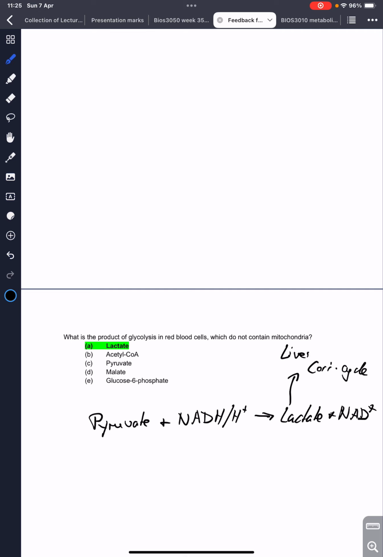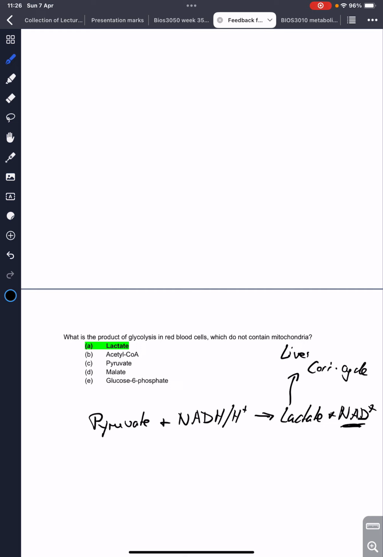We need to carry out this reaction because we need to recycle the NAD+. And that is really the only way in red blood cells to recycle NAD+, which we know we need for the glycolysis. If we don't have NAD+, we can't run the glycolysis. If we can't run glycolysis, we cannot produce ATP.